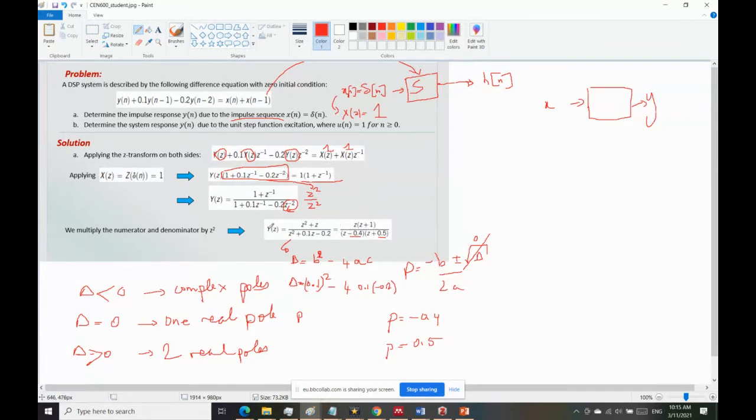Now we want to solve for Y(z). So the next step is to divide it by z. Therefore this becomes (z plus 1) over z, so this z here cancels. When you divide by z here, this z cancels out, leaving (z minus 0.4)(z plus 0.5).